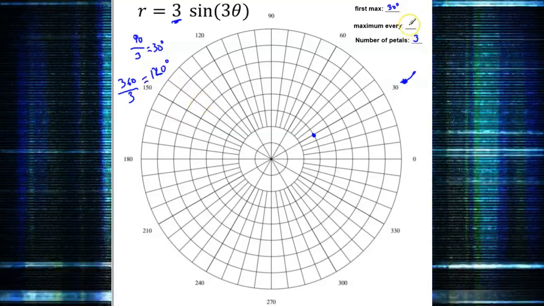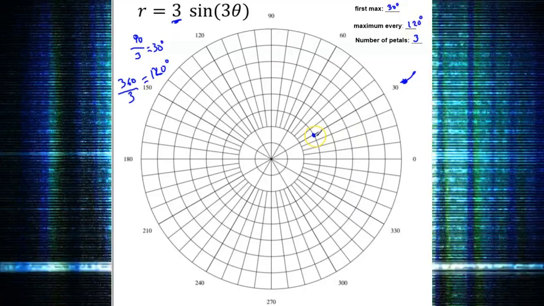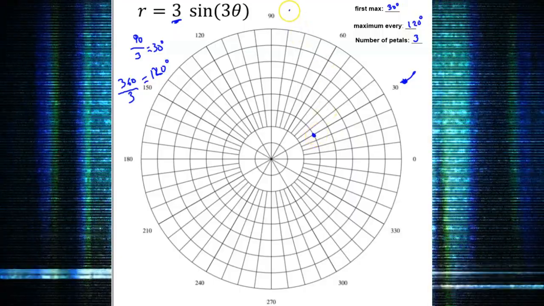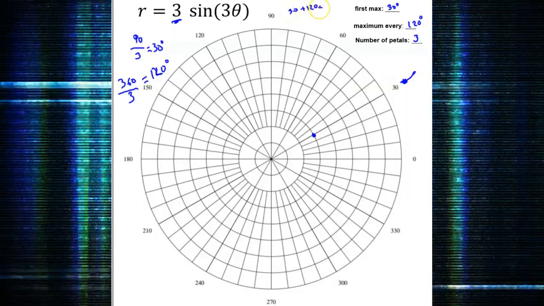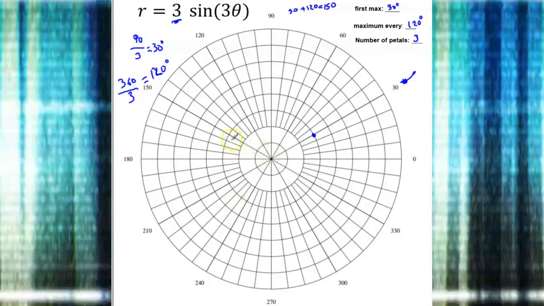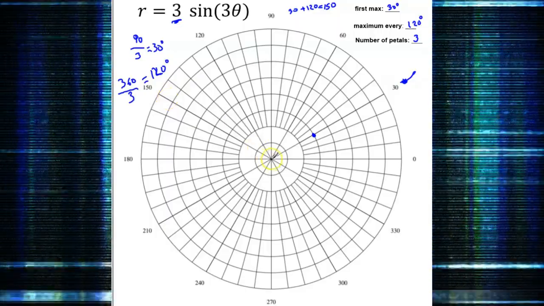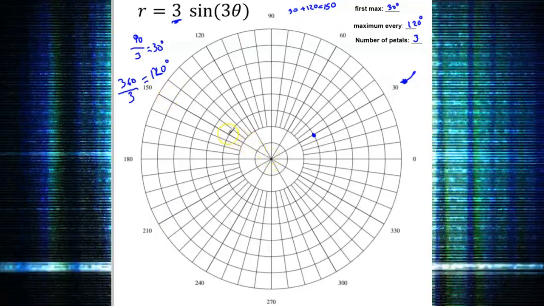So if we go 120 degrees over from 30, where will we be? So 30 plus 120 is going to put us at 150. So our next maximum value, which is 3 out from the center, is going to be at 150 degrees.